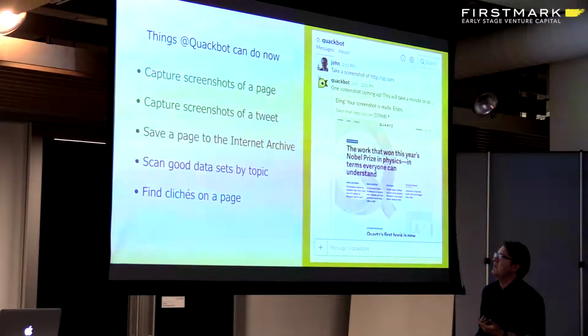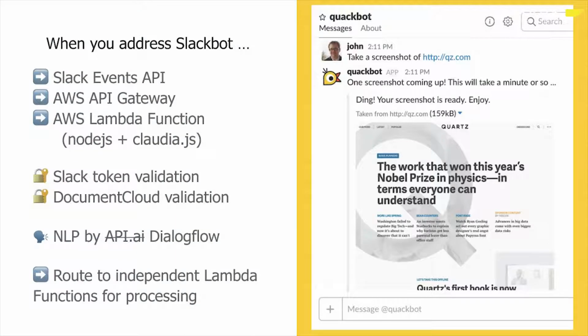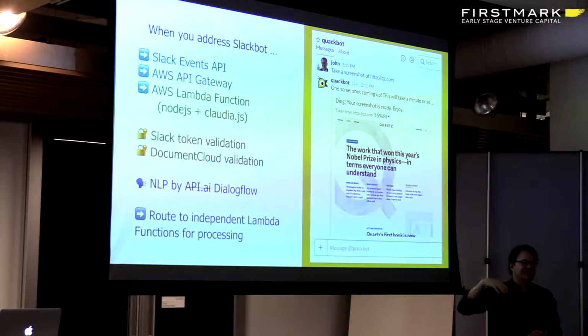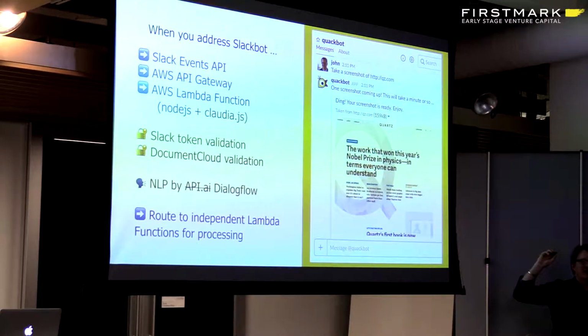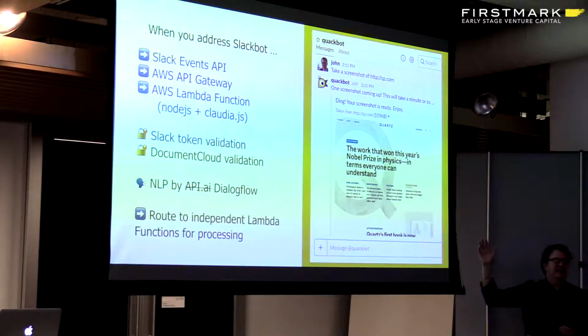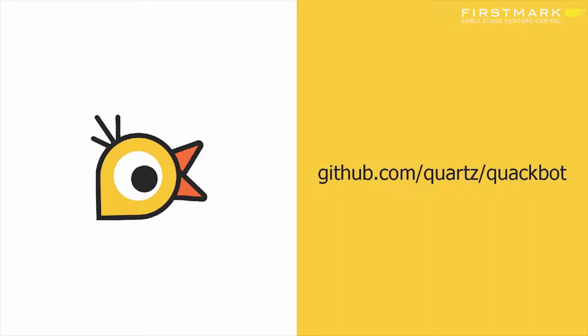So we're looking at ways to use this little stack using Lambda functions to put tools that are already sort of out there in the wild that might be hard for a newsroom to implement because they don't have a developer, put them into Quackbot so that people can just add Quackbot to their Slack team and then ask the bot to do it for them. So that's one of the things that we're doing. You can read more about this. This project is open source, so you can see how we're building it.